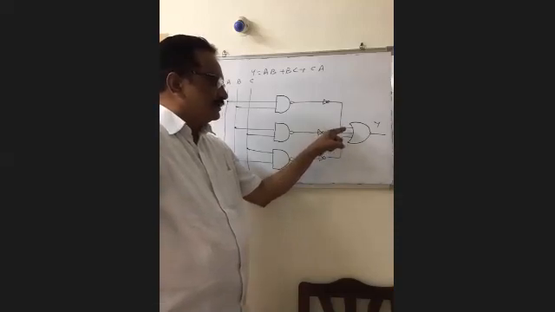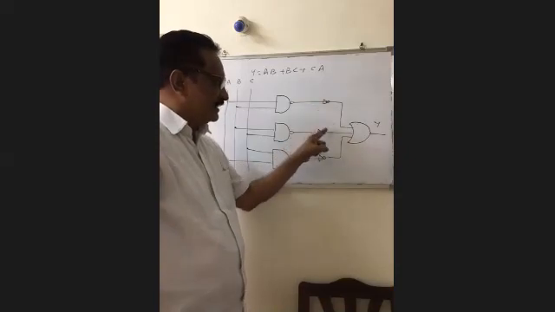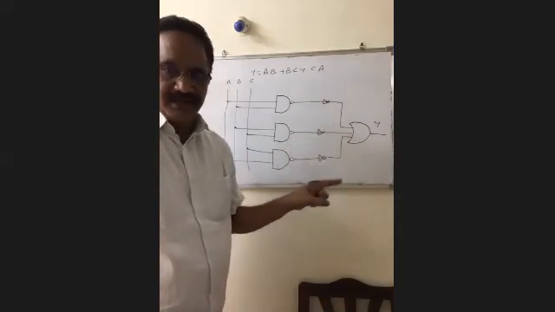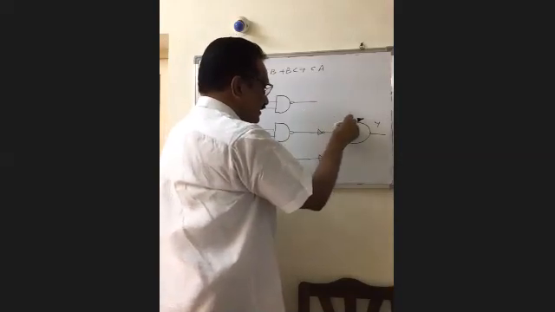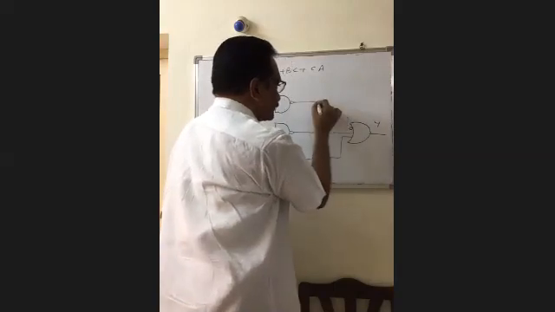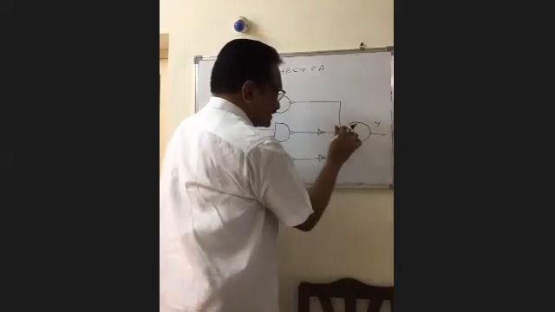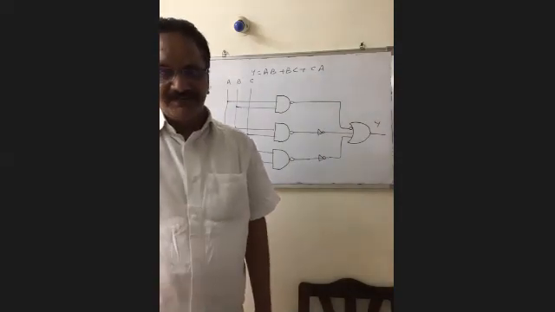At this OR gate, at each input, there is a NOT gate. So this can be replaced with a symbol here. That symbol indicates the action of the NOT gate.